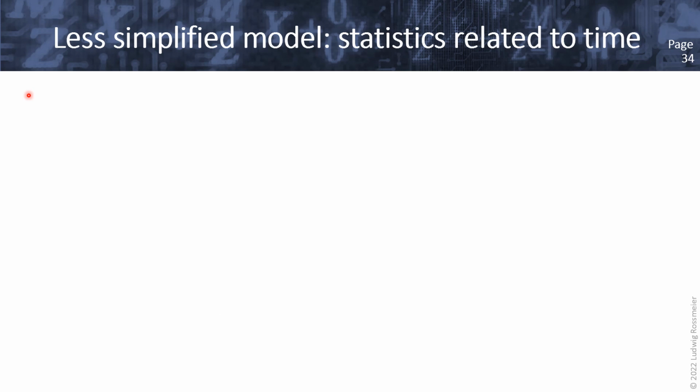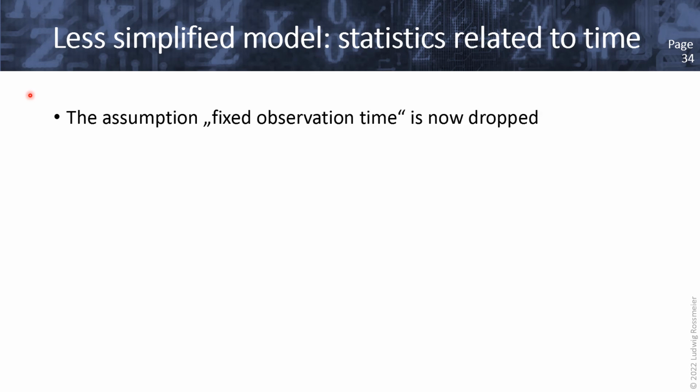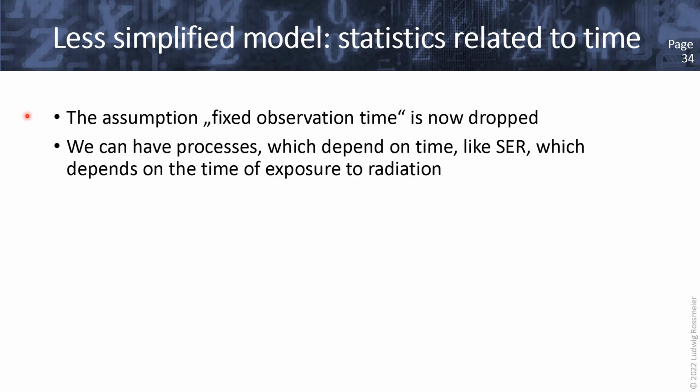To finally come to the equation of the standard, JESD89, we now go to a less simplified model where we relate the statistics to the time of measurement. That means the assumption of fixed observation time is now dropped. We can have processes which depend on time, like the soft error rate, and this depends on the time of exposure to radiation.